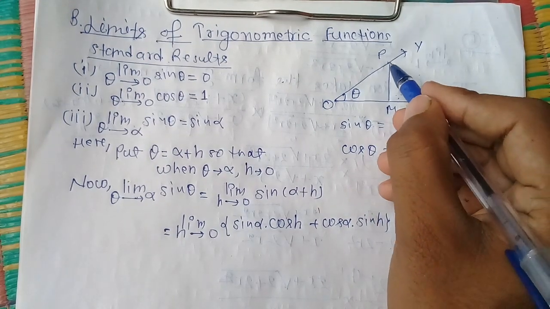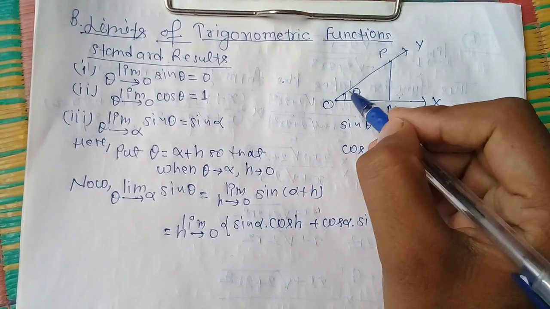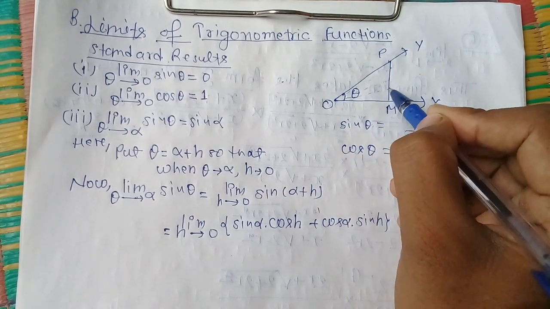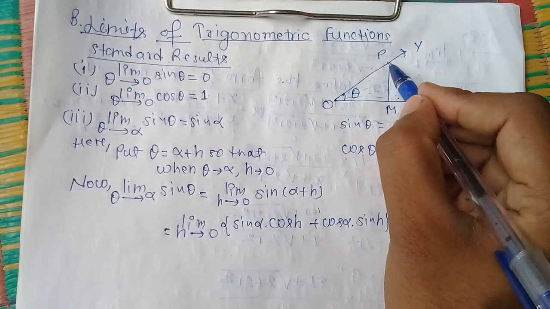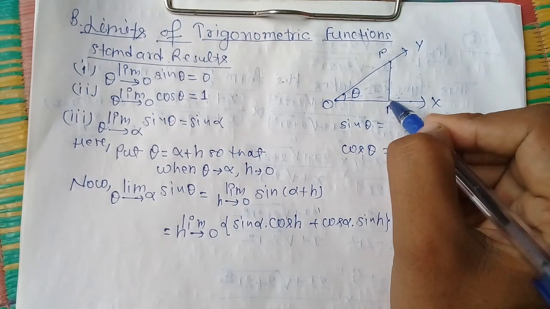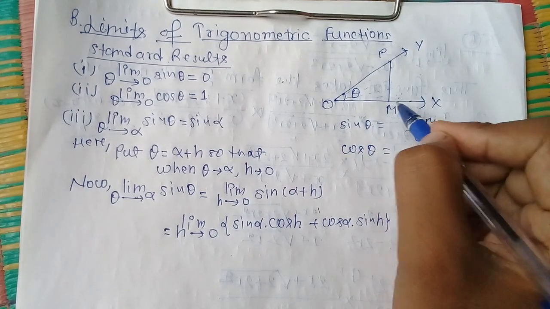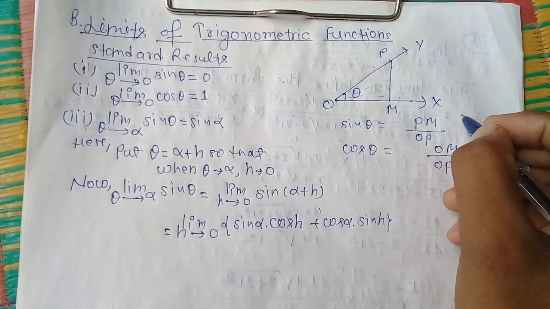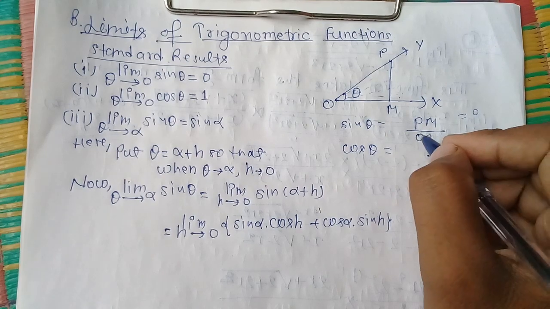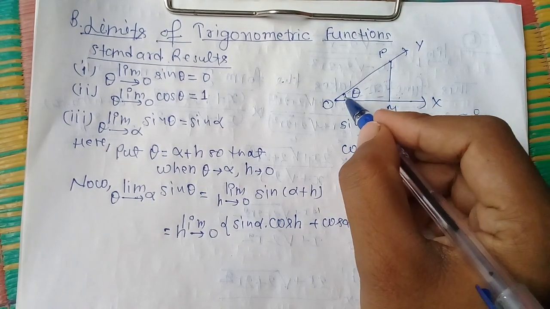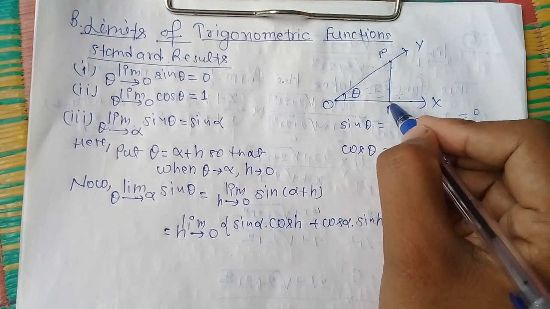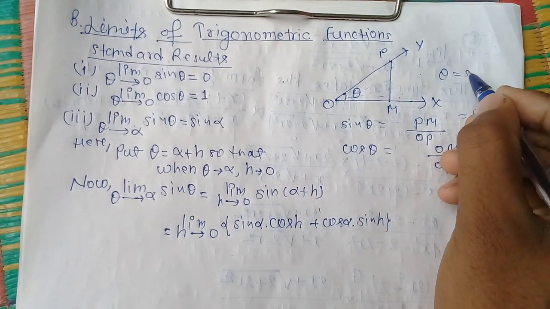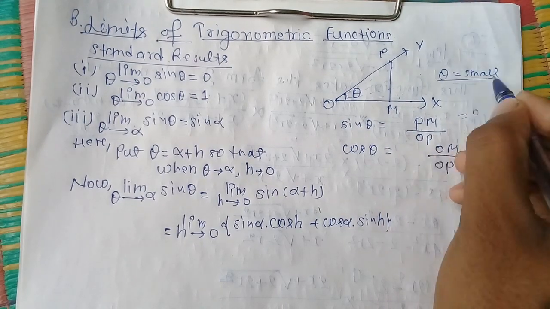Suppose we decrease the value of PM, that is here, then here, then here, then finally P goes very close to M. So in this case PM is nearly equal to 0, and as P goes very close to M, theta will be very small.